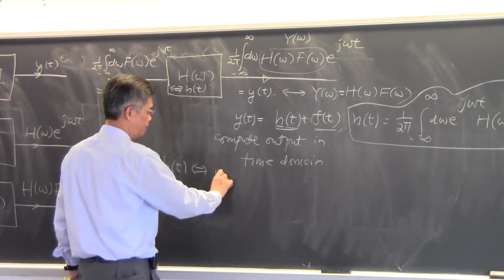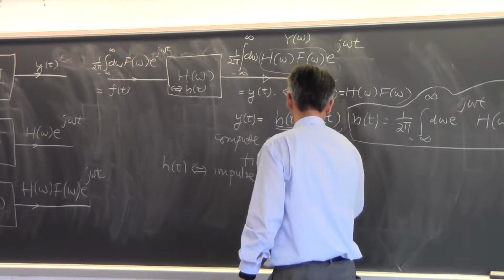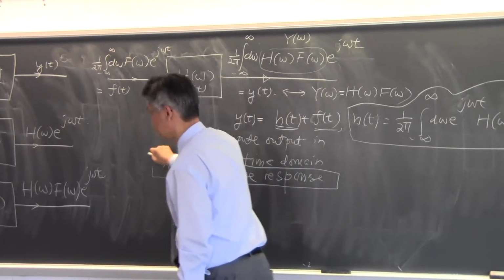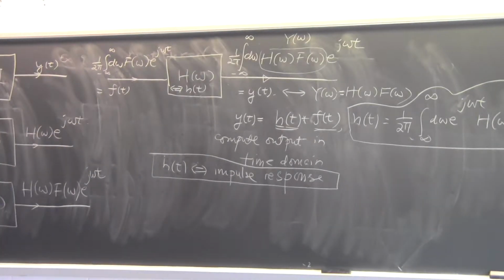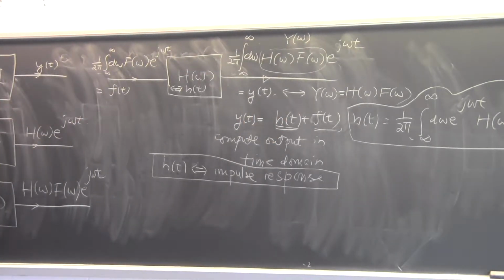It's given the name of impulse response, and we are trying to understand why it has such a name. So let's assume a very simple system.